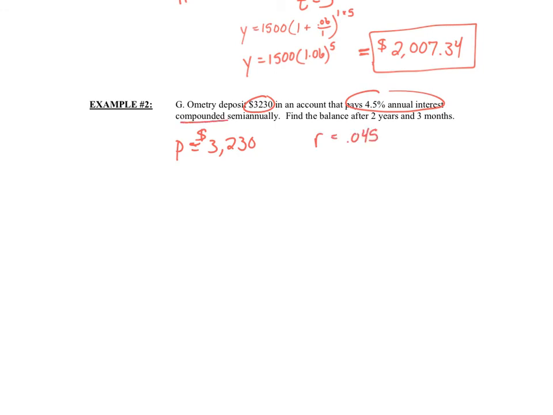And it is compounded semi-annually. That means n equals 2 because it's twice per year. And we're going to find the balance after 2 years and 3 months. 3 months is 1/4 of a year. So this is really 2 and 3/12, which is 2.25 years.